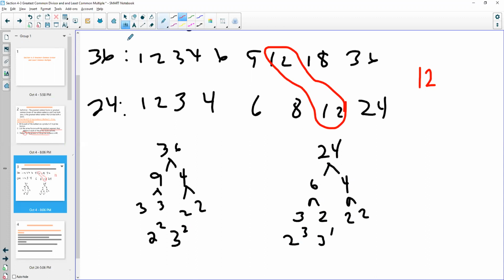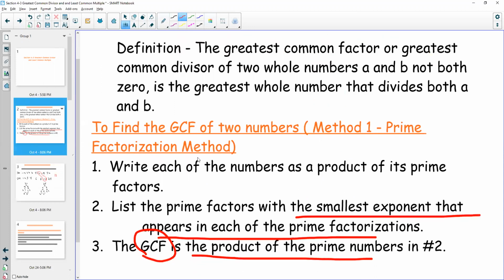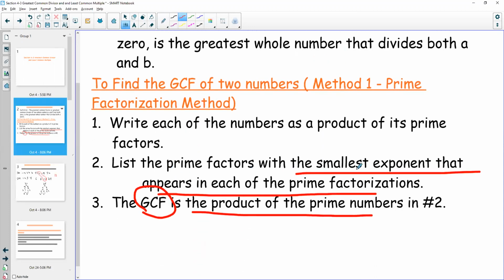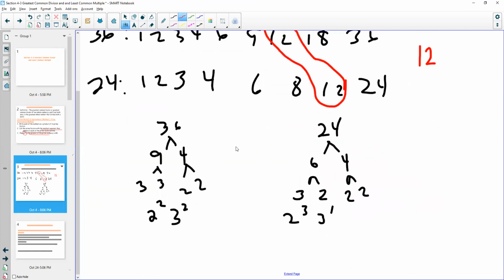What it said was list the prime factors with the smallest exponent that appears in each of the prime factorizations. So we look at the kinds of numbers in here. We have 2s and 3s, we have 2s and 3s. So I know I'm going to need to use a 2 and a 3 in my greatest common factor.